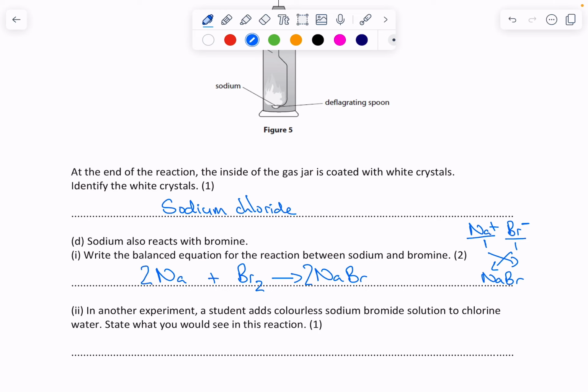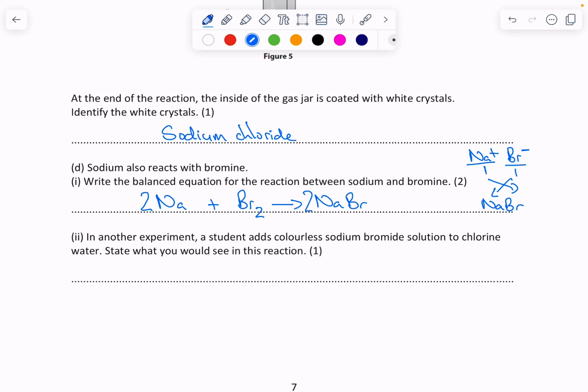In another experiment, a student adds colourless sodium bromide solution to chlorine water. State what you would see in this reaction. So what's going to happen in this reaction is you would end up having an orange coloured solution forming, because you have got sodium bromide reacting with chlorine, and that's going to lead to the formation.